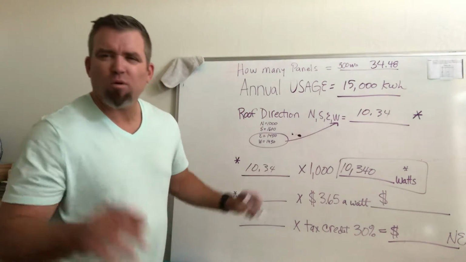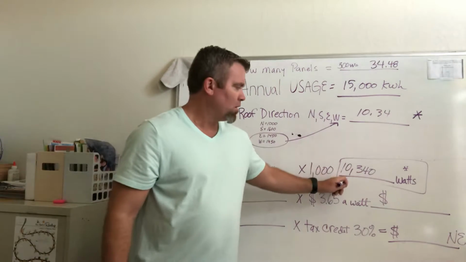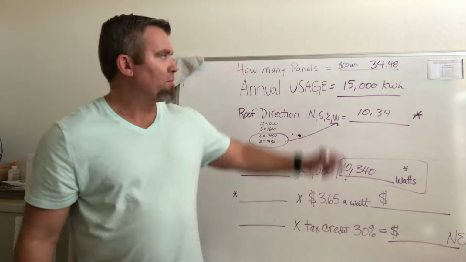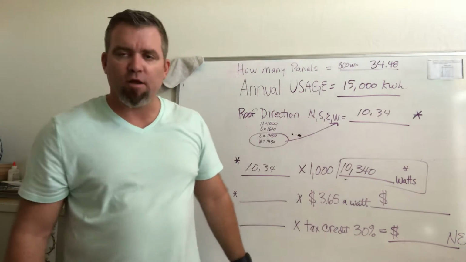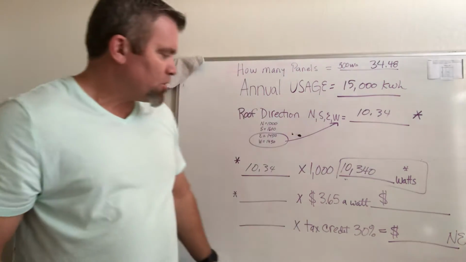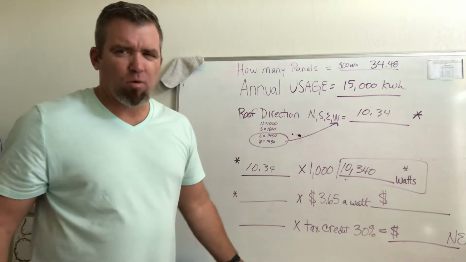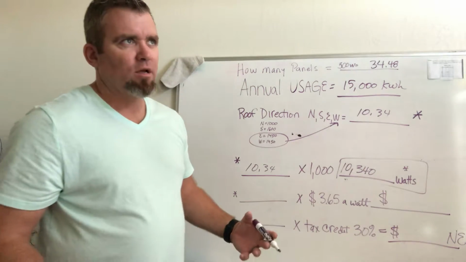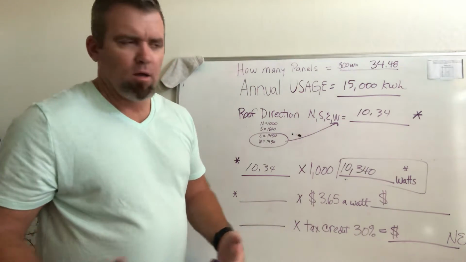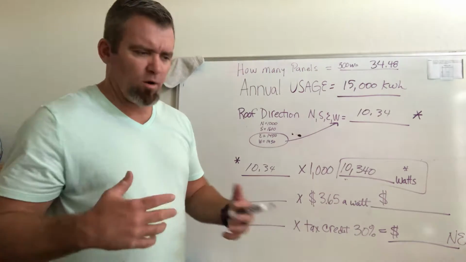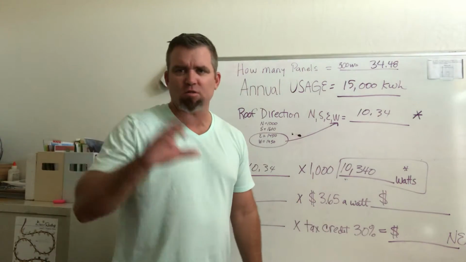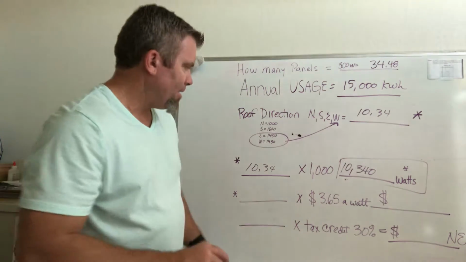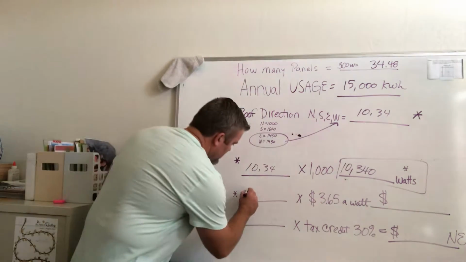So now we figured out how many watts are needed and how many panels to cover 15,000 kilowatt hours of energy used in your home. Let's figure out the price. The going price in the Central Valley, depending on where you go, is mostly $3.65 a watt. You're going to see people slide up and down that scale.